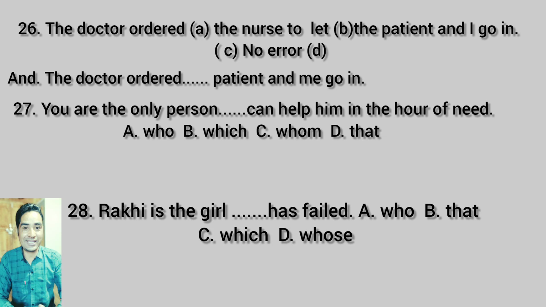After that we use that. When the only is an antecedent, we use that as a relative pronoun, not who. So the correct answer is: you are the only person that can help him in the hour of need.